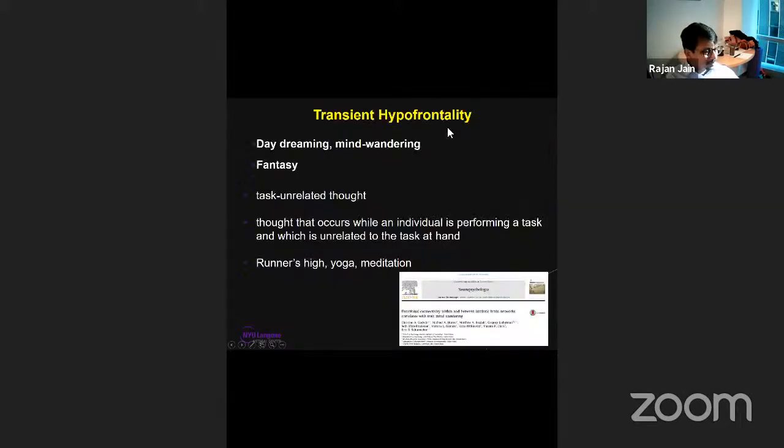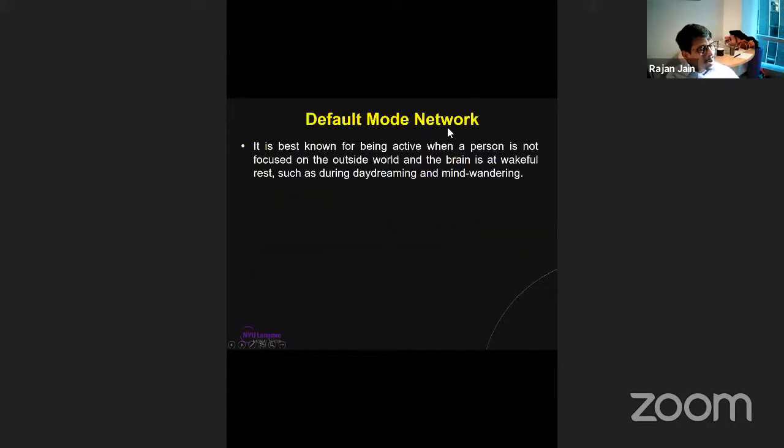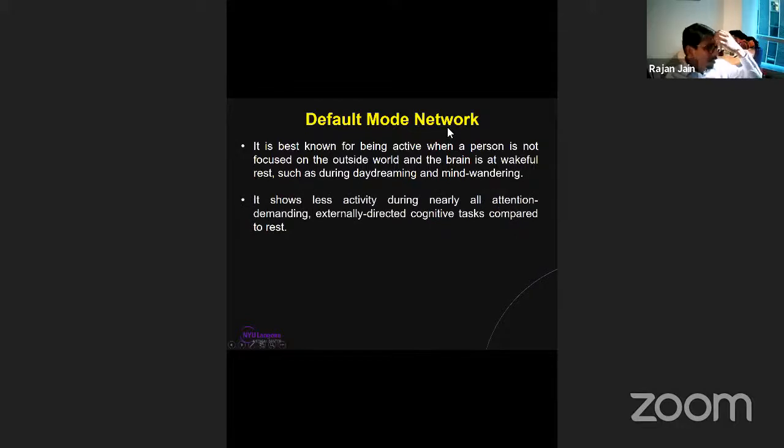And there is literature to suggest that based on the resting state network. But what I'm going to also mention is that the default mode network, which is very active when the person is at rest, becomes less active when we're trying to do any attention demanding or externally directed cognitive task. For example, I'm asking you something and you're answering my question, or you're responding to an email or whatever, where you're paying attention to the task.